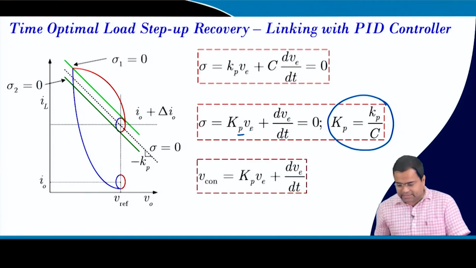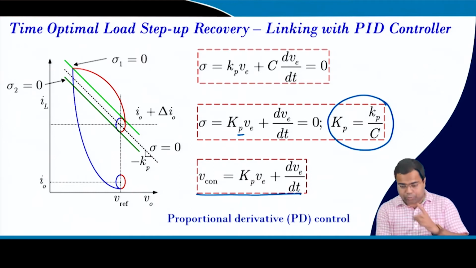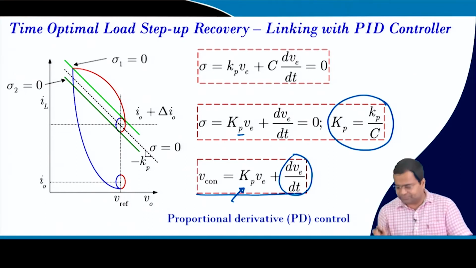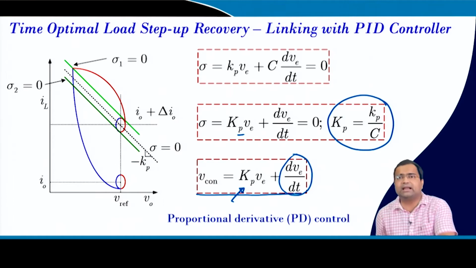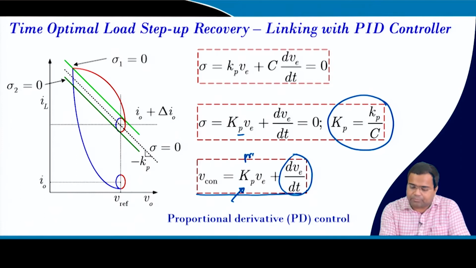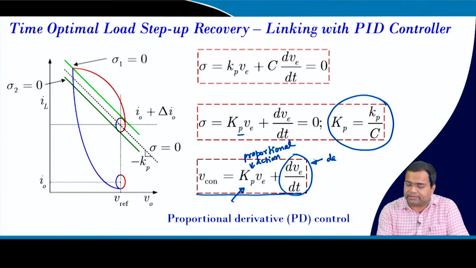So it will look like a control voltage, the switching surface, like voltage mode control. It is a PD controller, with proportional gain Kp and the derivative gain unity because we have normalized it. So it is a PD control. This part is our proportional action, and this part is our derivative action.